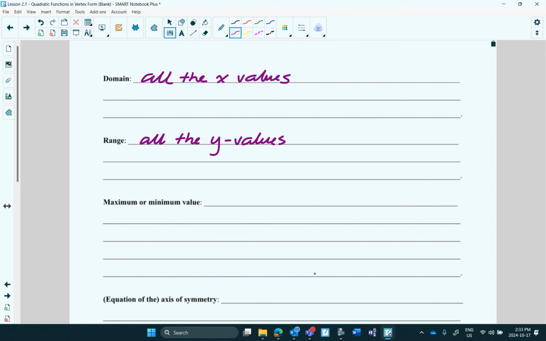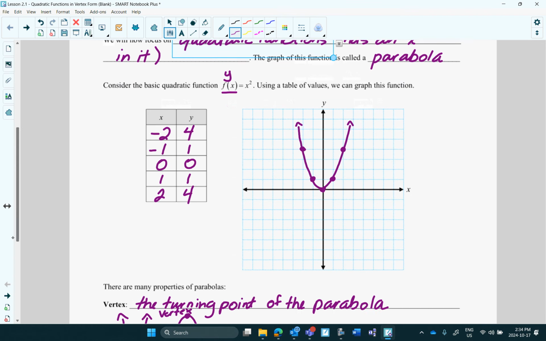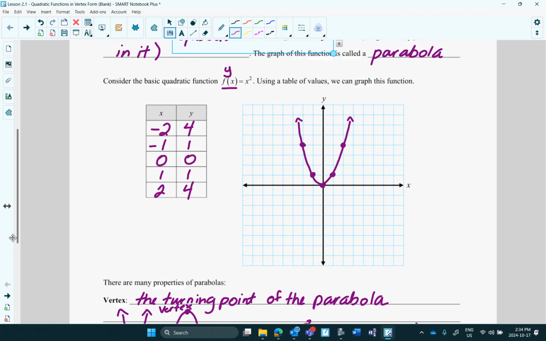So we'll review it. So in y equals x squared, the domain will be, let's go back to the graph. You remember how to find the domain. Domain is all the x values, which is horizontal.